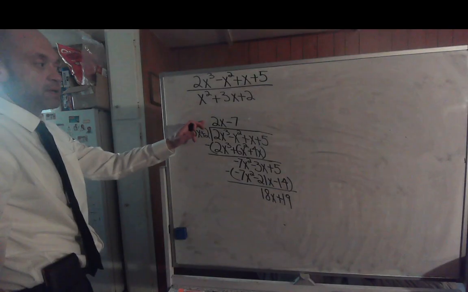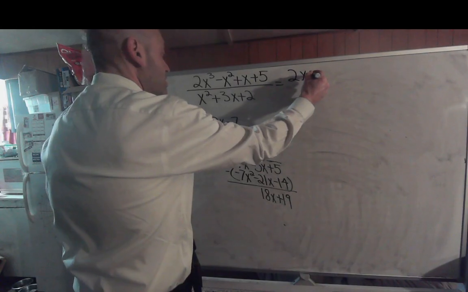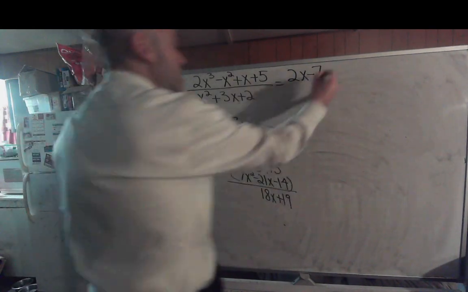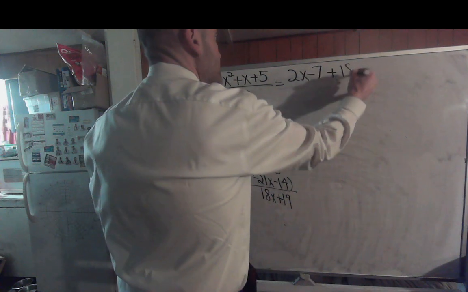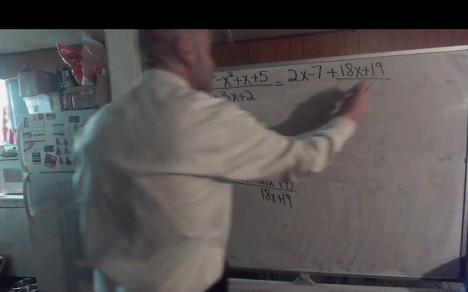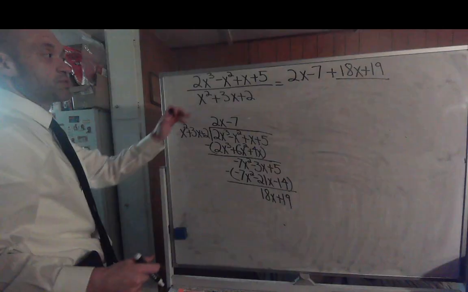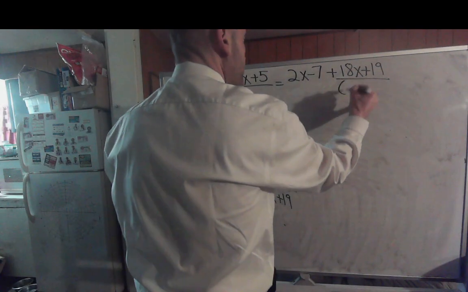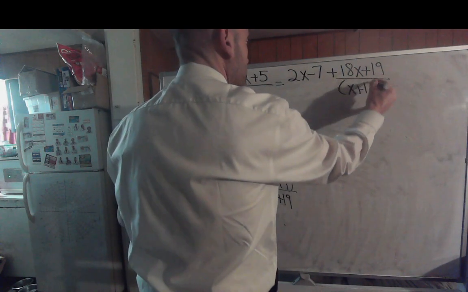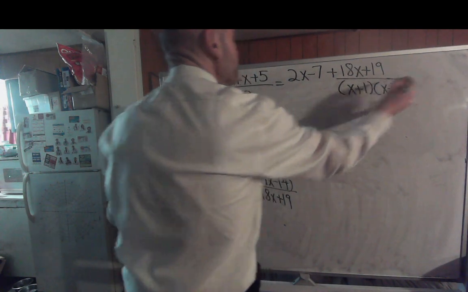So this would be equal to 2x minus 7 plus 18x plus 19 over the x squared plus 3x plus 2, which would actually factor into x plus 1 times x plus 2, right?